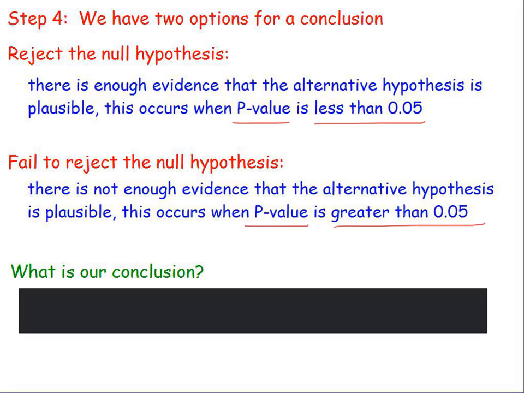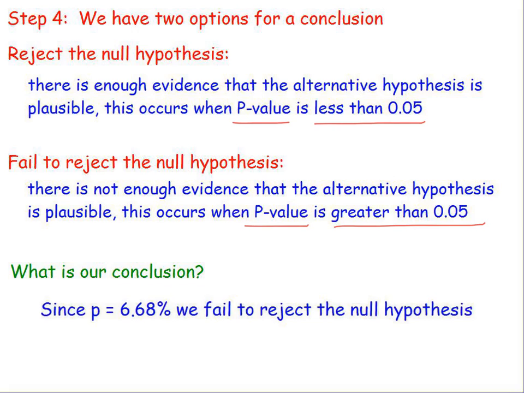And so ours was 0.06, which is definitely greater than 0.05. And so our conclusion, and you don't gotta write a big long sentence, our conclusion is simply, since P is 6.68%, or if we leave it in decimal form, 0.0668, we fail to reject the null hypothesis.